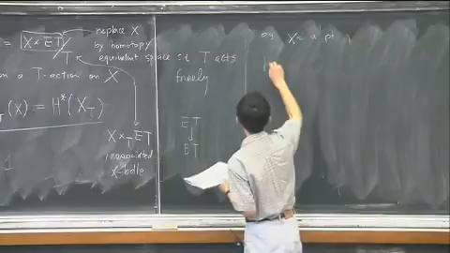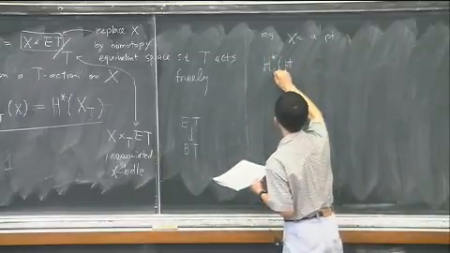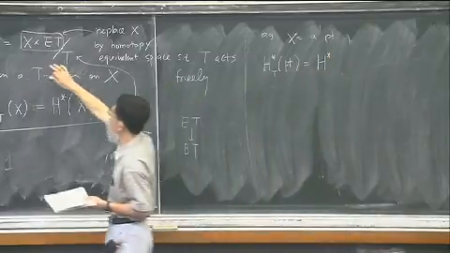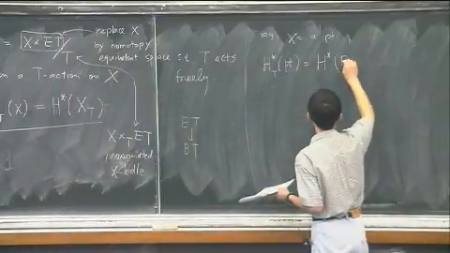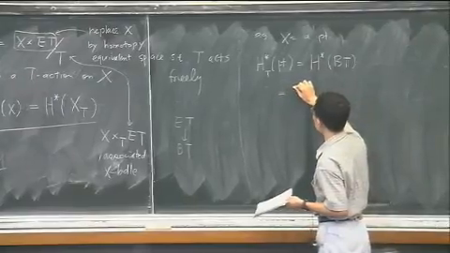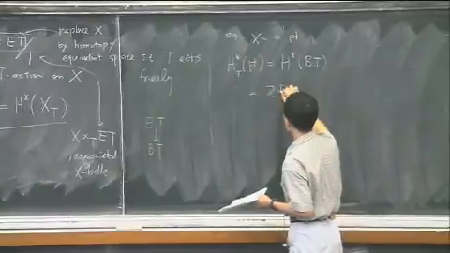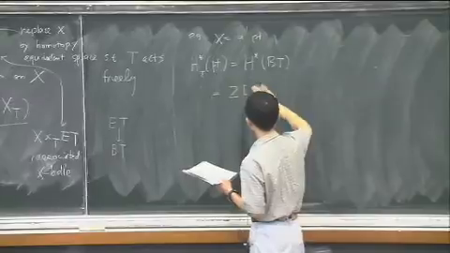What you have here is a point; the quotient X_T will be the same as BT. And BT is CP infinity, right? And the cohomology of CP infinity, as we know, is over Z.